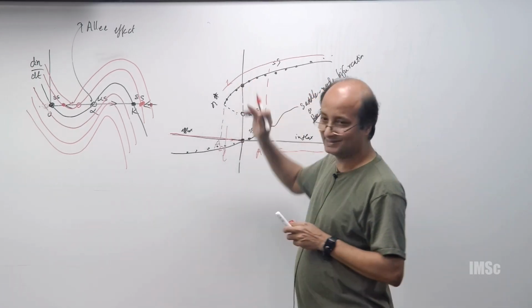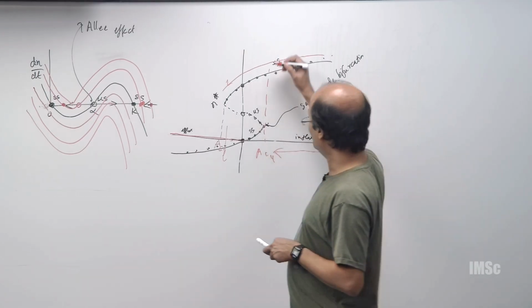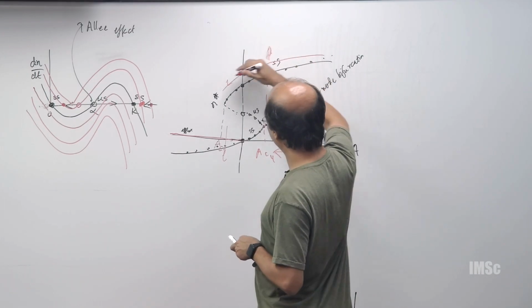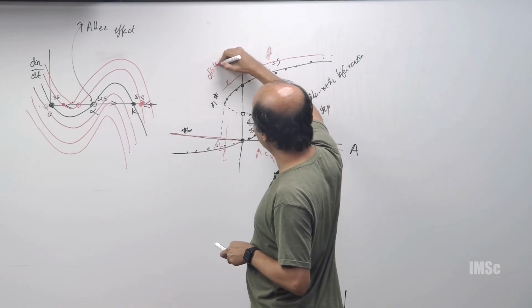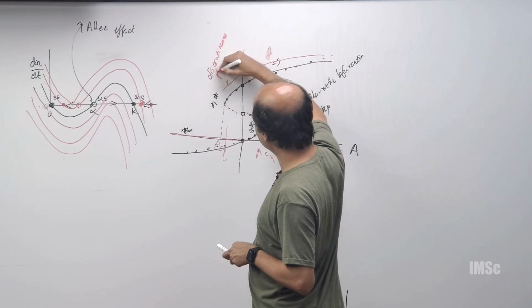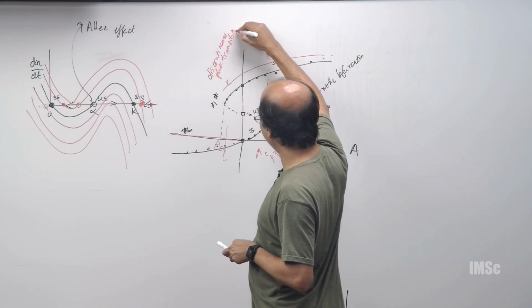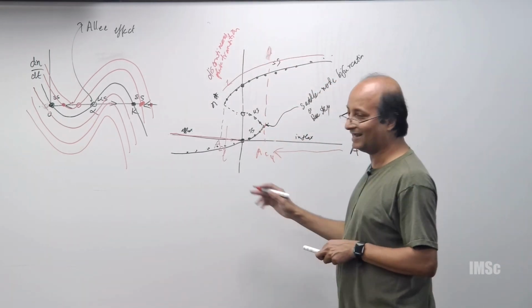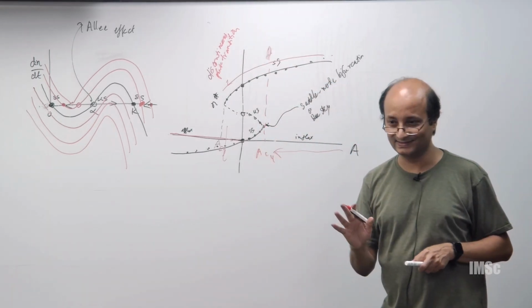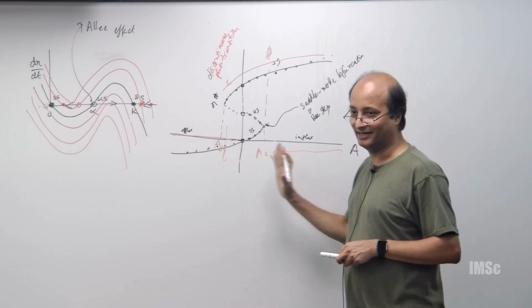So this gives you two examples of two things which you are very familiar with. One is that this is an example of a discontinuous phase transition, or a first order phase transition, going from a finite value to 0. And hysteresis: which way you change A matters, which way you are coming.